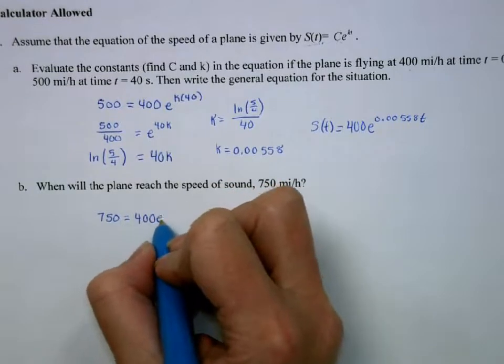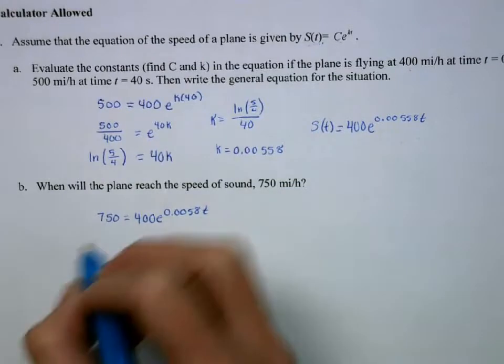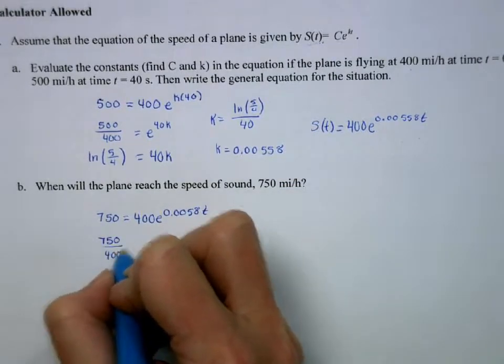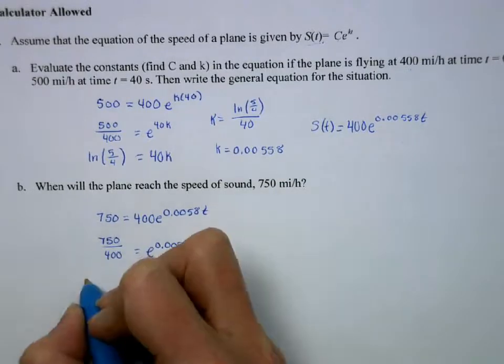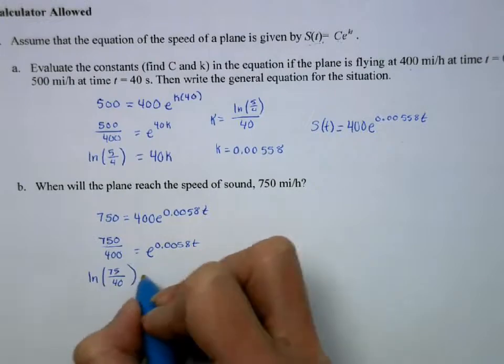So the math here is going to be pretty much the same, except for solving for t. So we'll divide. Take the natural log. Divide by that.